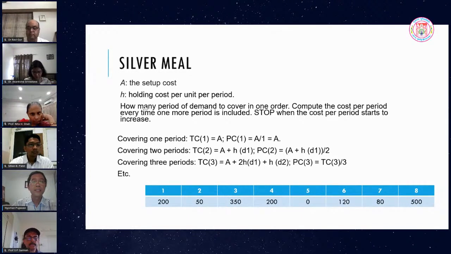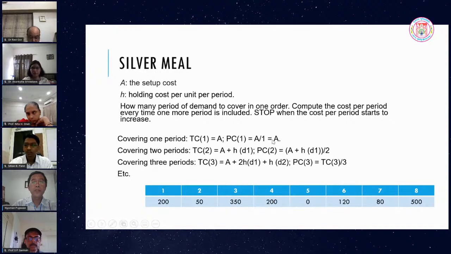Now Silver-Meal tries to find the best order quantity by minimizing total cost per period. When you order in period 1, for sure there is an order cost at the beginning. If you include the demand in period 2, then you need to carry an inventory of 50 at the end of period 1. So there will be a holding cost of 50 units for one period. Then you divide by 2 because you are covering 2 periods.